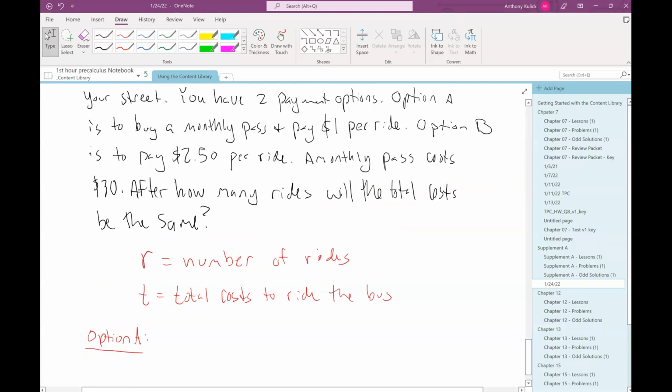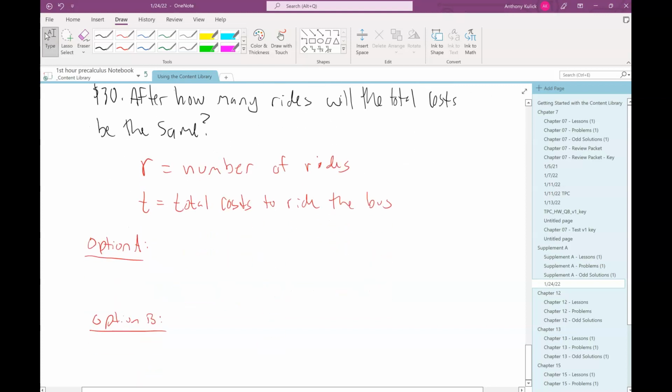Monthly pass is pay $1 per ride. Okay. So how is the total cost going to be related to that? $30. Well, the total cost is going to equal the monthly pass. Maybe I'll write in words first.